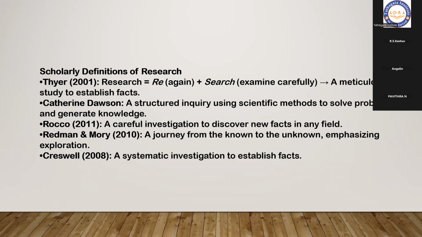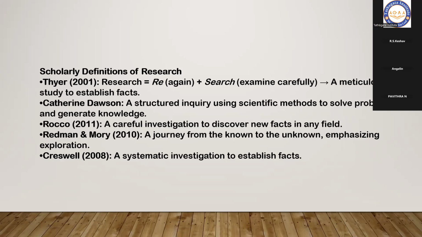According to Thayer, it is a meticulous study to establish facts. That's one definition.